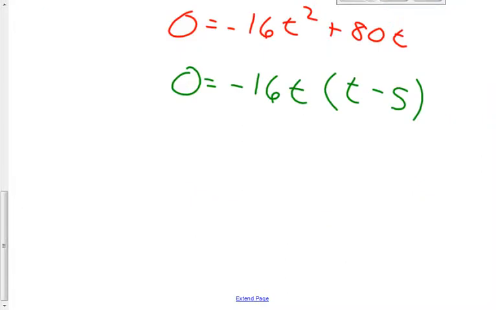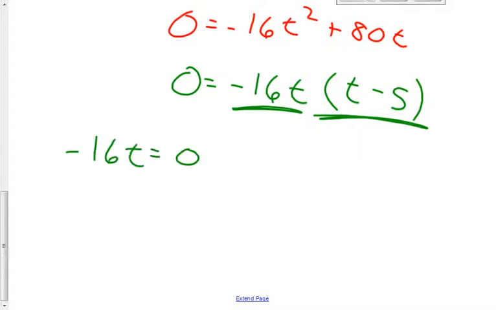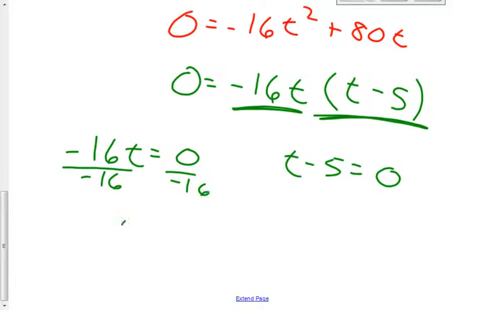So each of these are factors, and I'm going to set each of those factors equal to 0. So negative 16t equals 0, and t minus 5 equals 0. If I divide here by negative 16, I get t equals 0. And if I add 5 here, I get t equals 5.